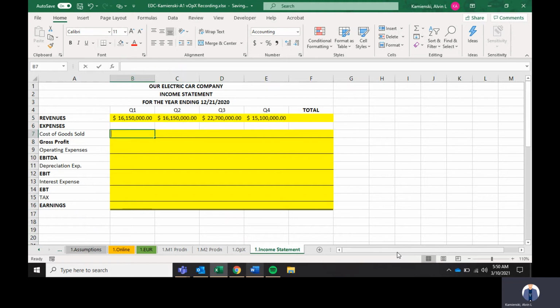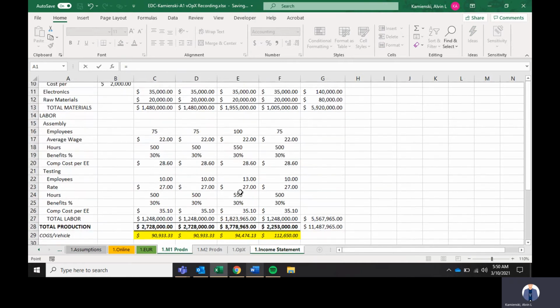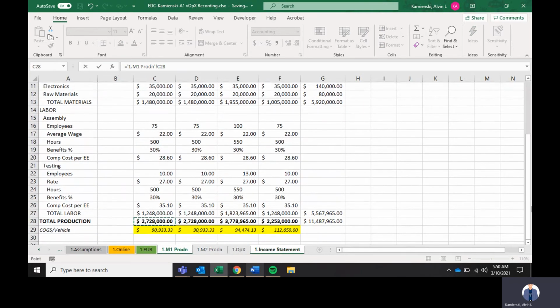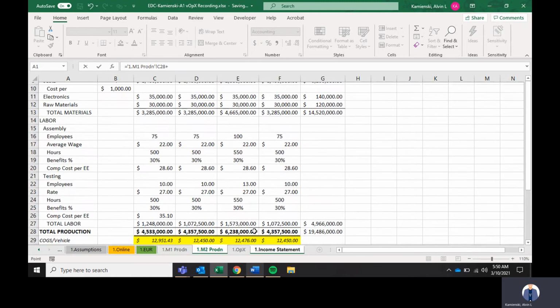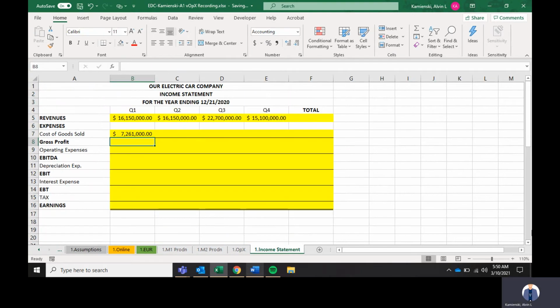My cost of goods then is going to be equal to, in Q1, my total production costs for Model 1, plus, in Q1, my total production costs for Model 2. Gross profit is equal to revenues minus cost of goods.